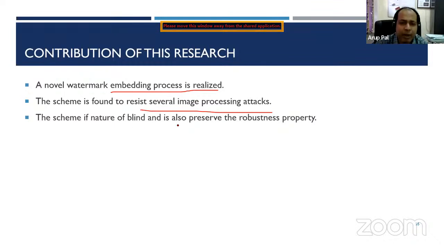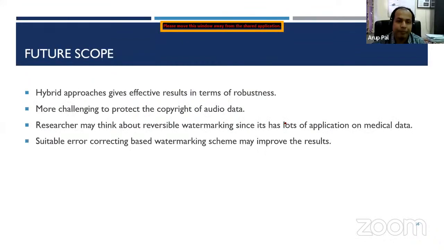And the third and final point is that whenever you design your scheme, it should be blind. Blind is more suited to real applications. If you consider non-blind, it has some limitations, and you should ensure robustness. That means it can survive any kind of attacks in this particular process.